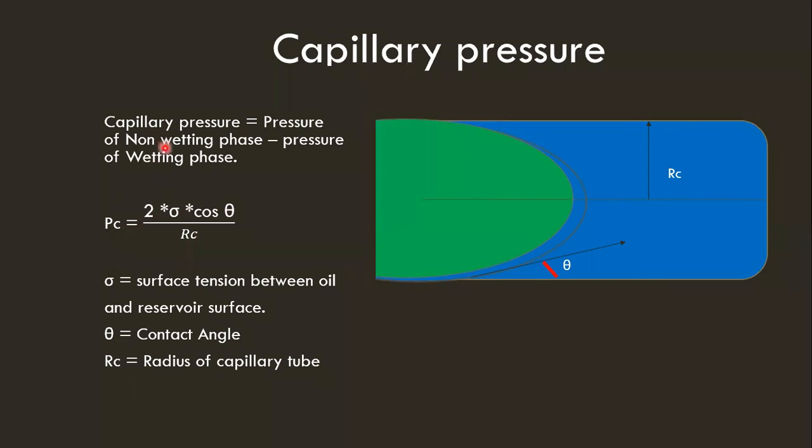So we have two formulas. If you simply have the pressure of oil and pressure of water, the difference will give you capillary pressure. Or else if you have the capillary radius, contact angle, and surface tension, then we can estimate the value of capillary pressure. We are going to see one numerical with the help of Excel that will help you understand even better.